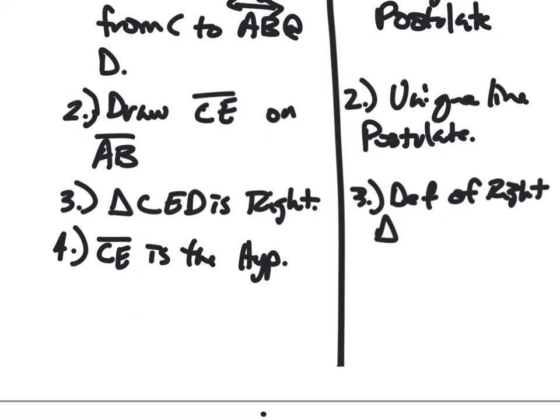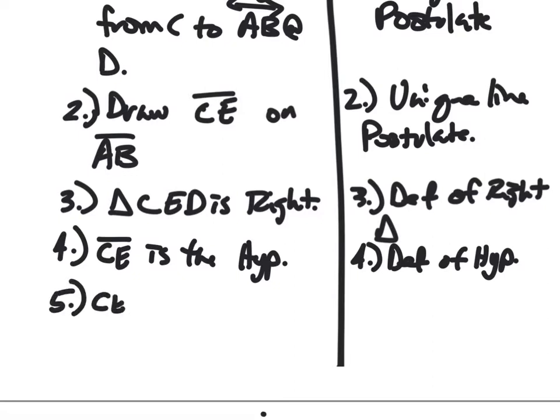And that's just the definition of a hypotenuse. What we know about the hypotenuse is that it's the longest side. So in step 5, we can conclude that CE is the longest side, which is also the definition of the hypotenuse.